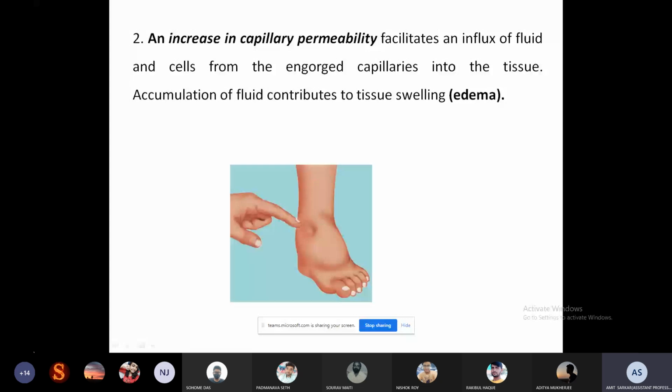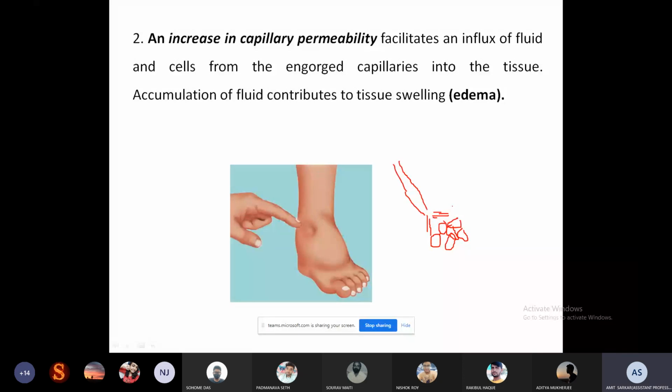When they reach the tissue space, they become very small capillaries. Capillary permeability means how much water or other minerals like sodium, potassium, etc. will enter into the tissue, and that is very tightly controlled or regulated.